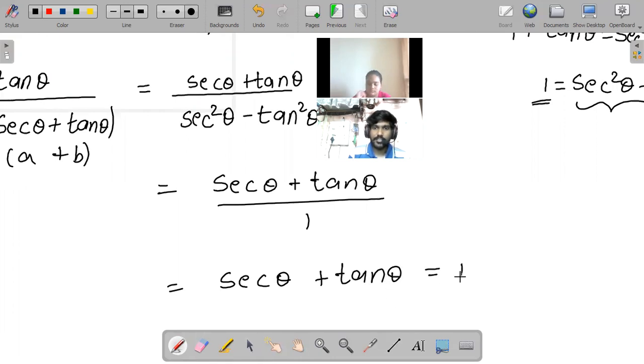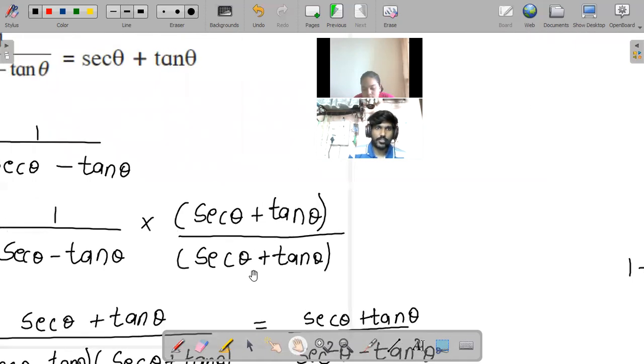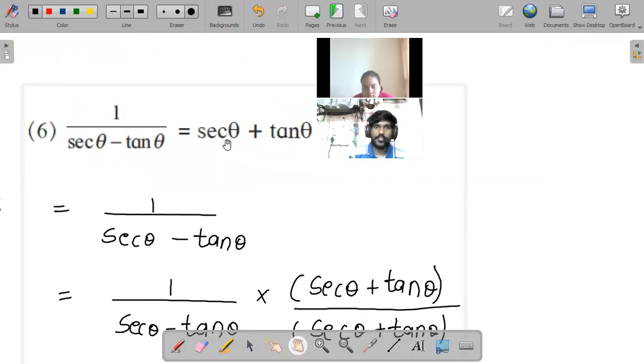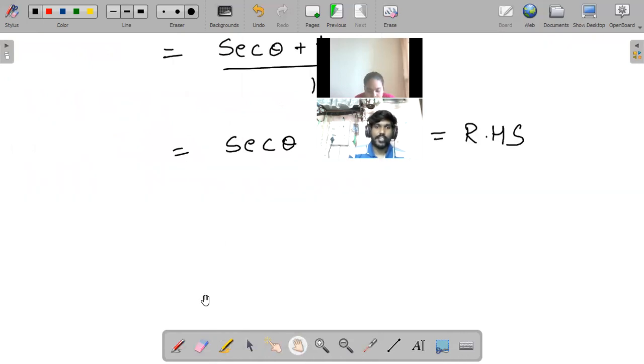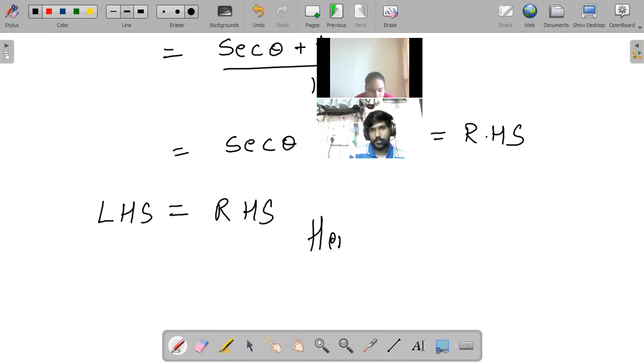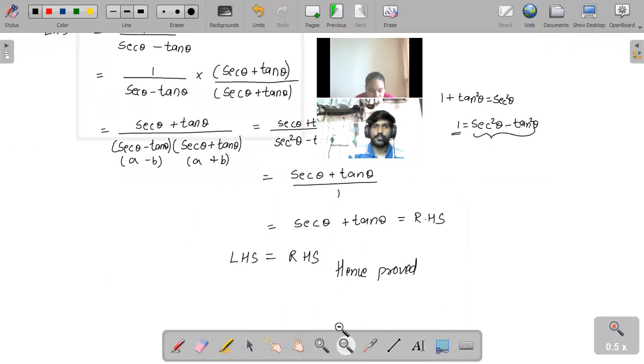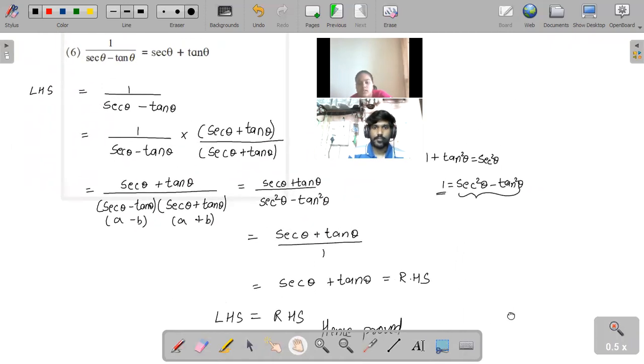And this is your RHS. If you see the question, this is the RHS, sec theta plus tan theta. So from here, finally, you can say that LHS is equal to RHS, hence proved. Did you understand? Yes.